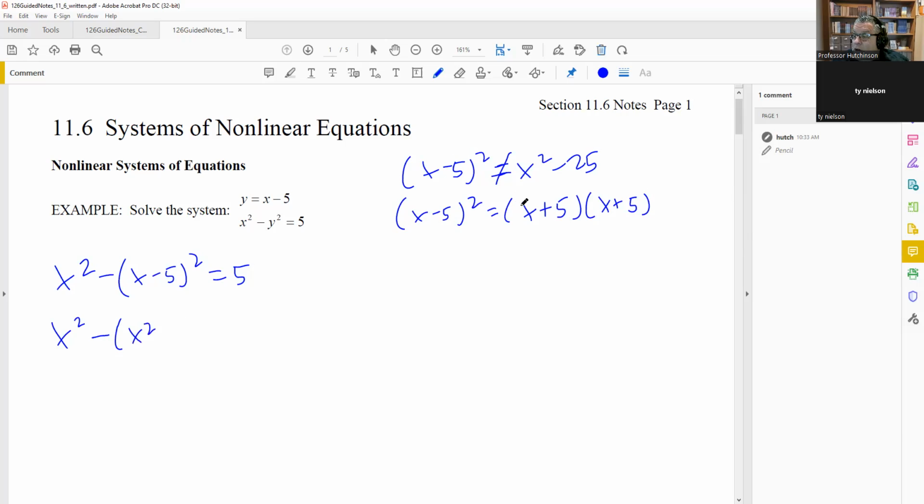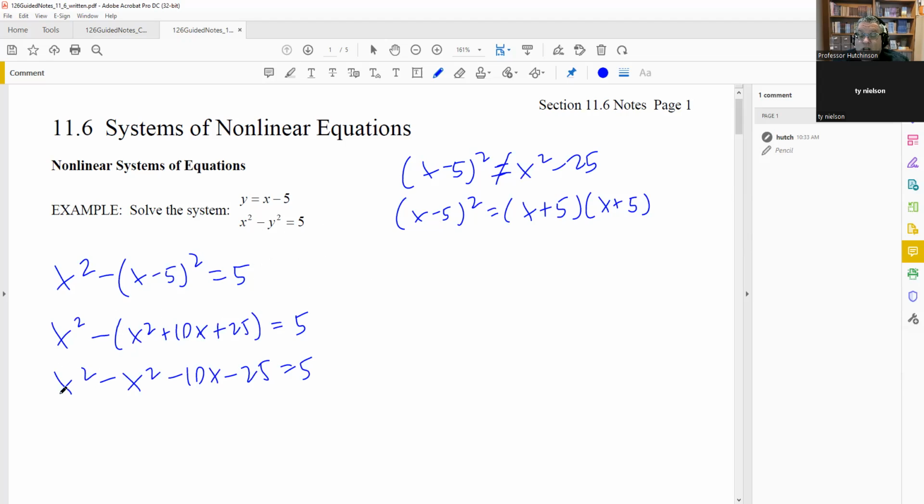All right, so x squared, then minus 5 and minus 5 is minus 10x, then plus 25, and it equals 5 over here. So notice I'm subtracting the entire thing, which means the minus sign gets distributed all the way through.